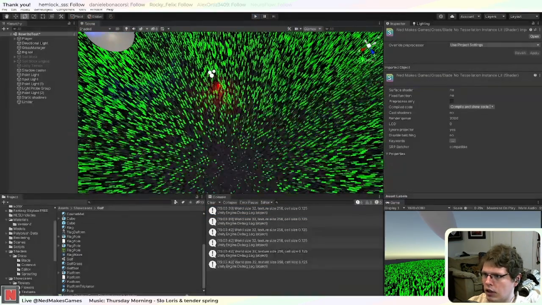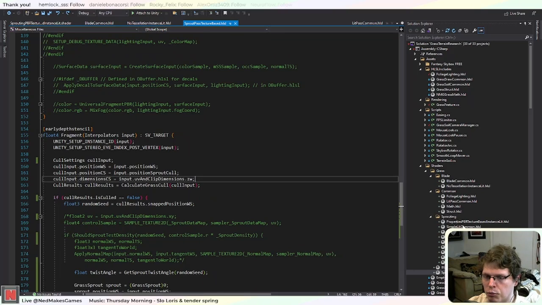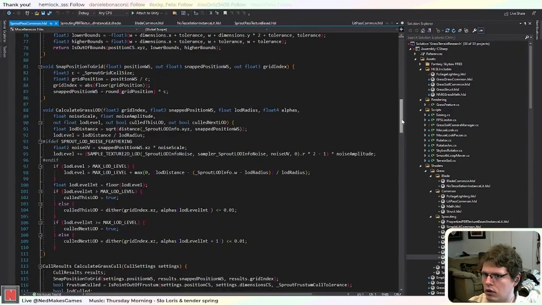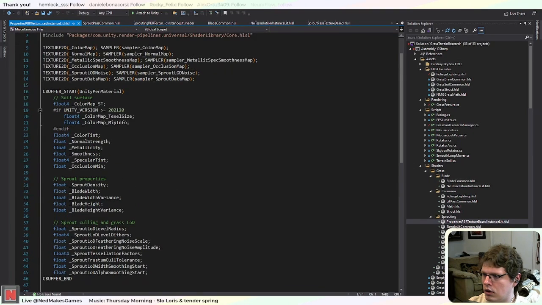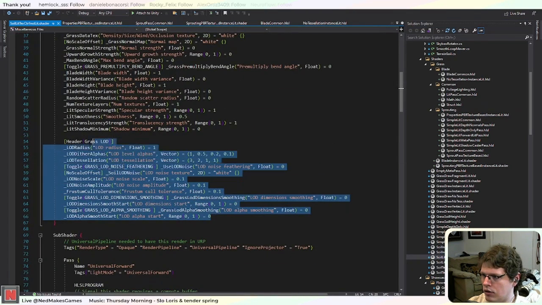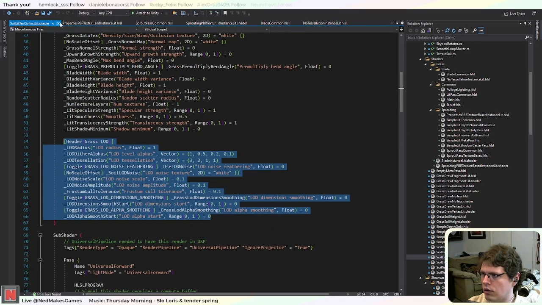Oh, probably because I don't set any of the culling properties. So I need to make a property for all of these. I think I'll copy what I already had here and then change the names as needed, because it's a pain to type out all this.